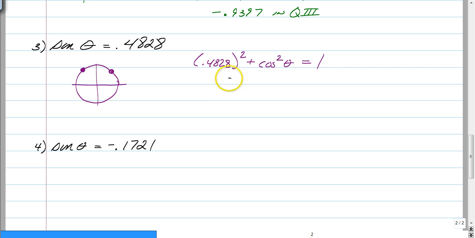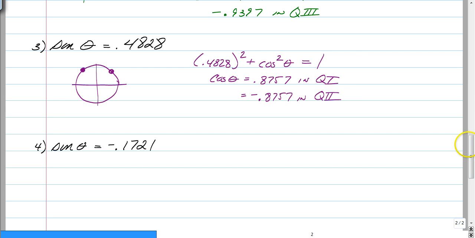Use your calculator to do all the fancy stuff, and you're going to find out that the cosine of theta is equal to 0.8757. Now, since that's positive, when is cosine positive? It's in quadrant 1. So then you just have to also remember to say that it's equal to a negative 0.8757, but that's going to be in quadrant 2 because that's when x is negative.